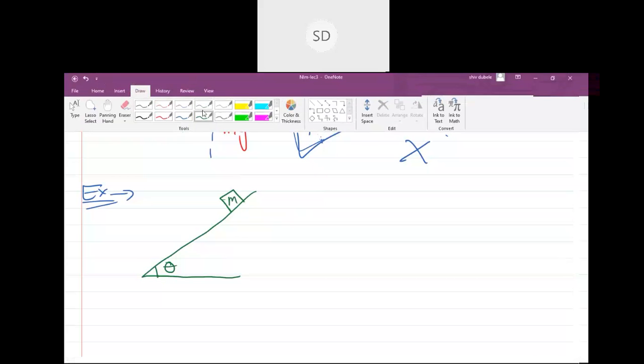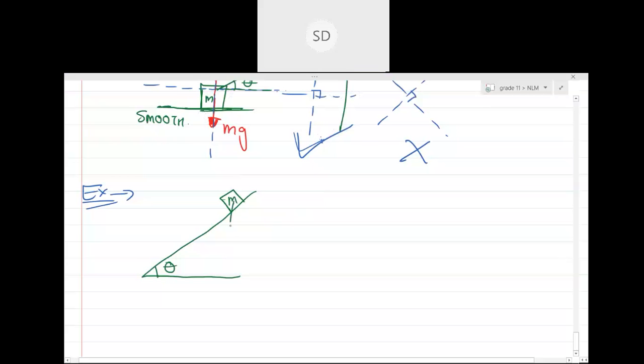Can anyone draw the forces? Please draw the forces. Mg acting downwards, normal reaction acting perpendicular to the plane, and that's it. If this is a smooth ground, then no friction as well. Yes or no? So basically, this object will slide down this inclined plane. Yes or no? So this object will accelerate like this.